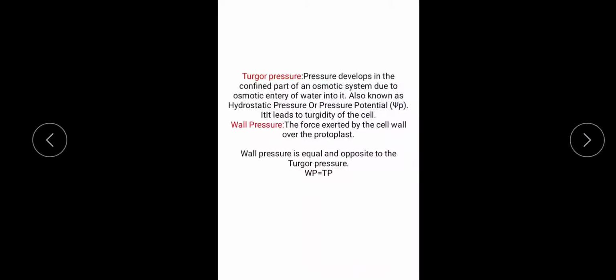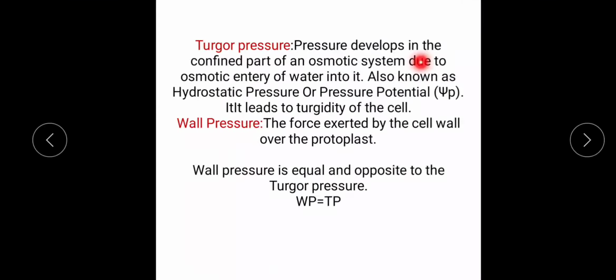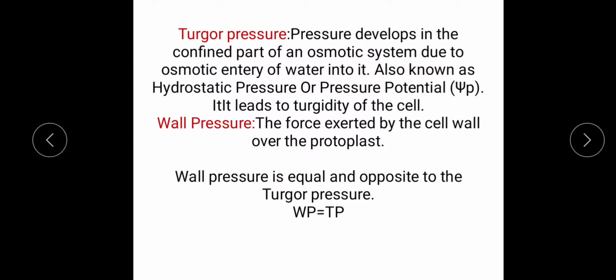Next are the terms turgor pressure and wall pressure. They are basically equal and opposite pressure terms. Turgor pressure: like this is a cell and these are the cell constituents, cytoplasm and cell organelles, and this is the cell wall or cell membrane on the outer side.